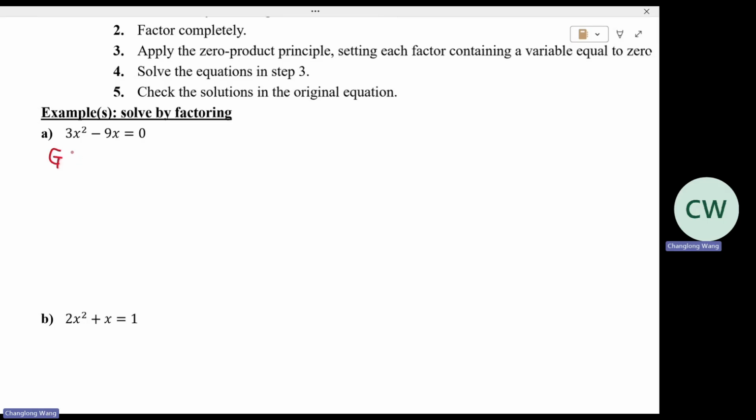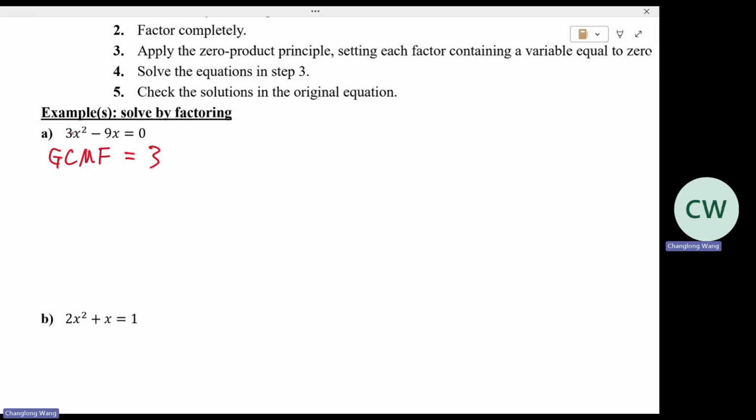GCF, greatest common factor, or GCMF. Now, you see that 3x squared versus 9x, numerically, they share a factor of 3. That's what I call a GCF. But M stands for monomial, so you need to include, if possible, a variable common factor.